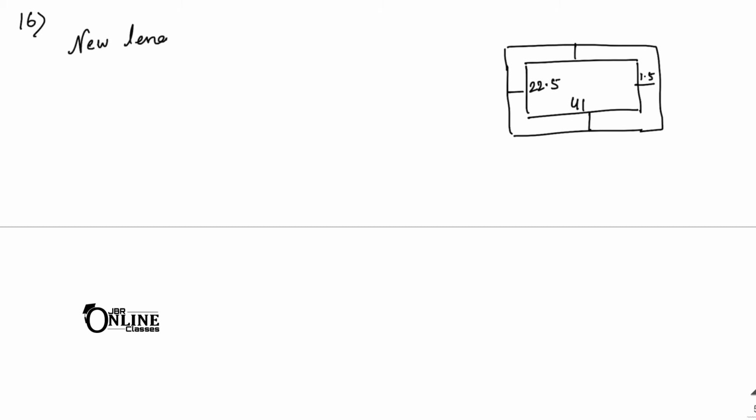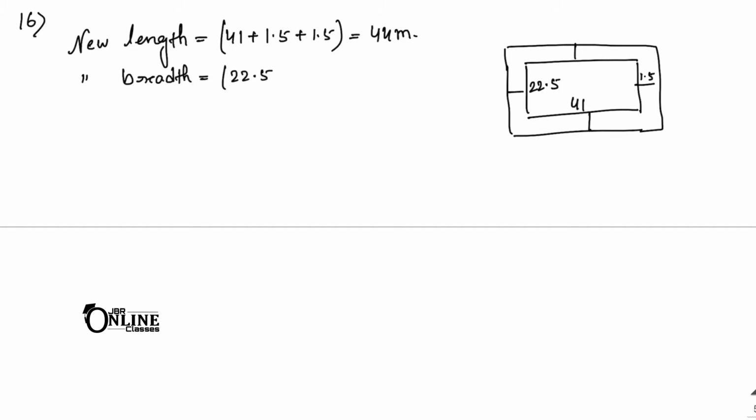So the new length equals 41 plus 1.5 plus 1.5, that means 3, so that equals 44 meters. And definitely the new breadth equals 22.5 plus 1.5 plus 1.5, that means 3, so that equals 25.5 meters. Okay, that is the new length and new breadth.